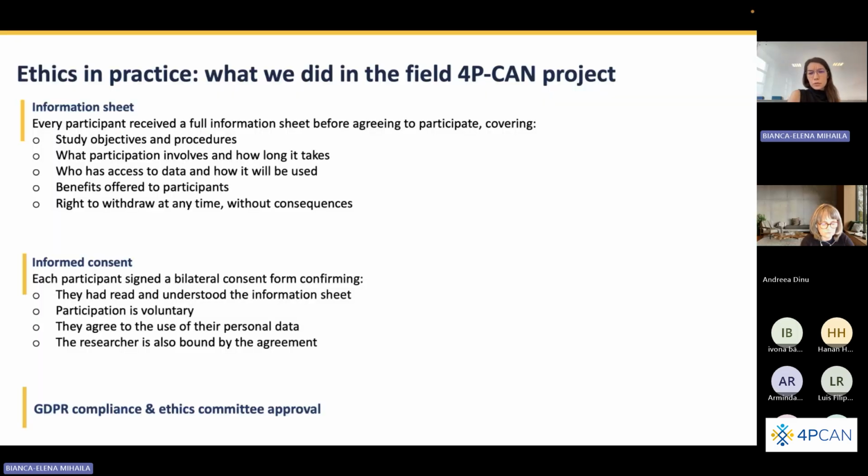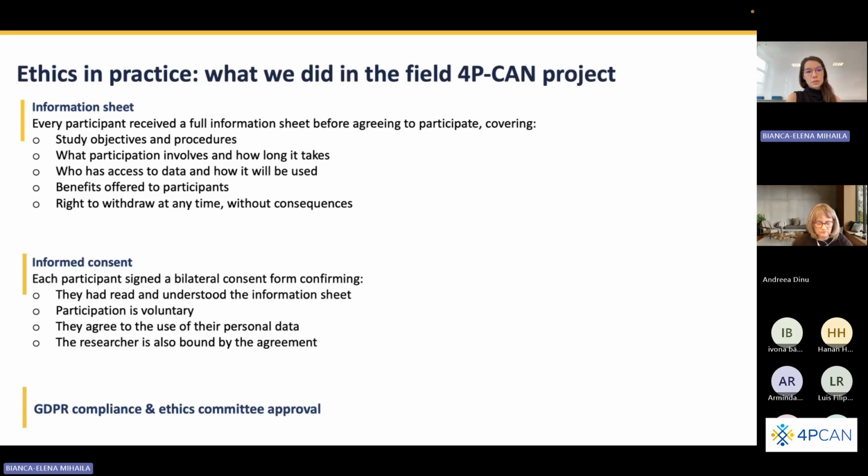What we did in the 4P-CAN project in order to follow this idea of co-creation and the ethical guidelines is that we went into the field work with a folder. I have the map here. It looks like this, and inside this folder we had an information sheet.